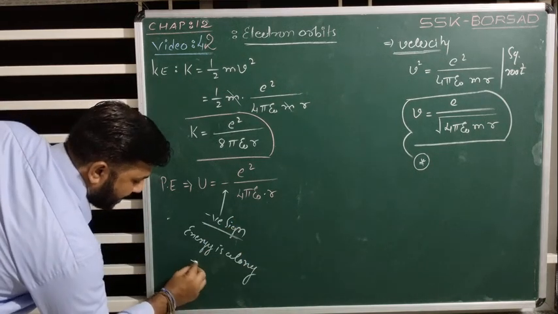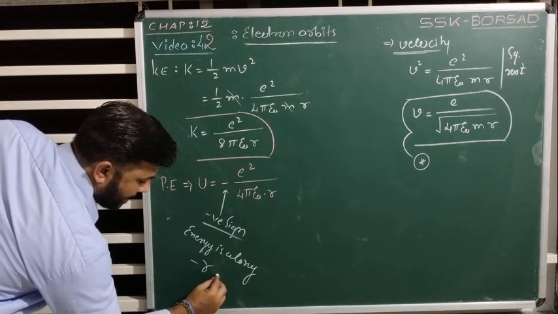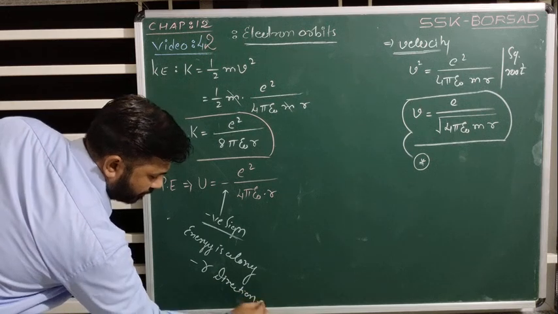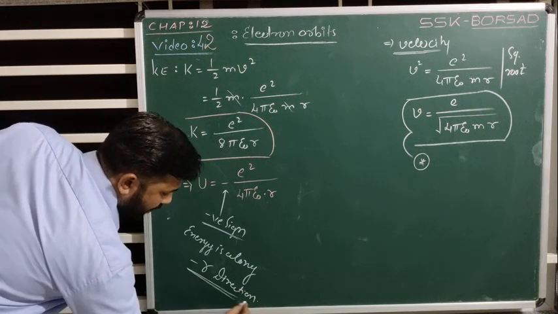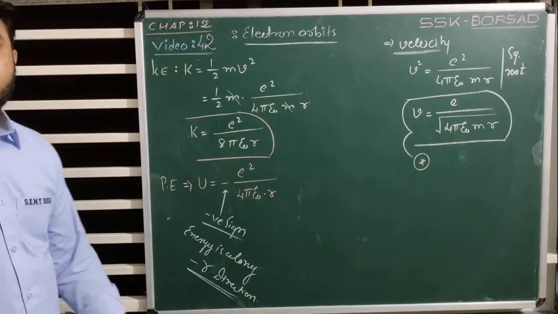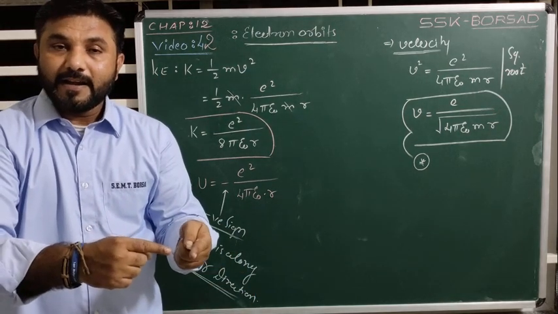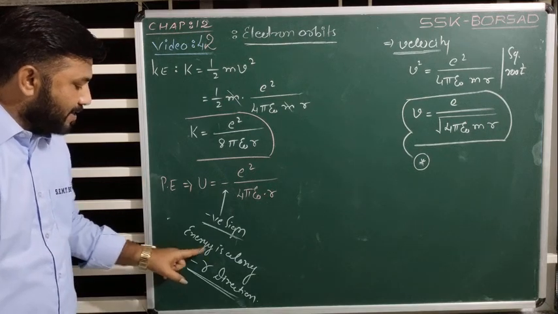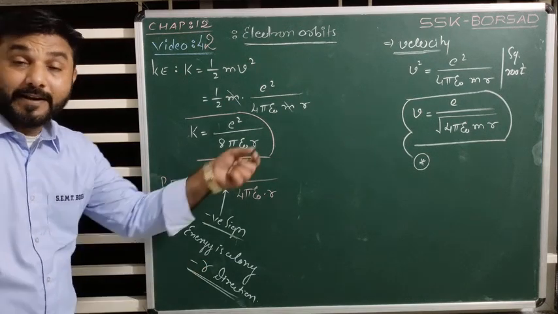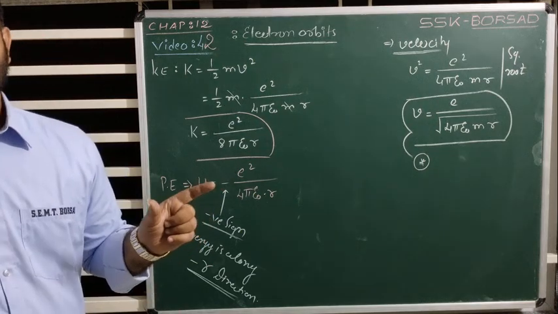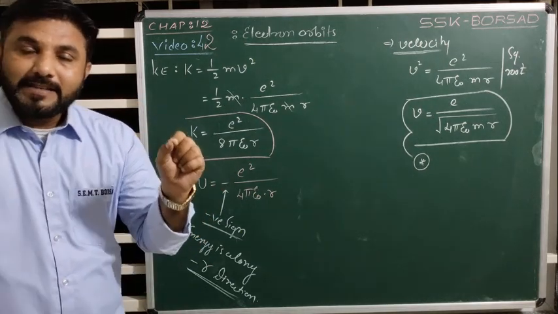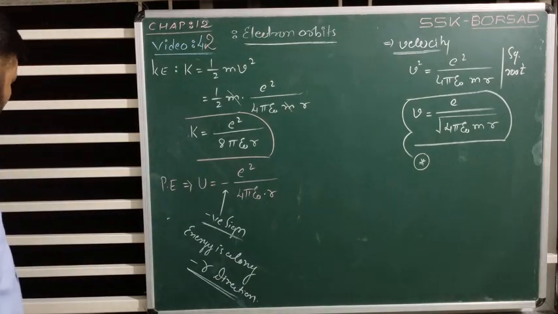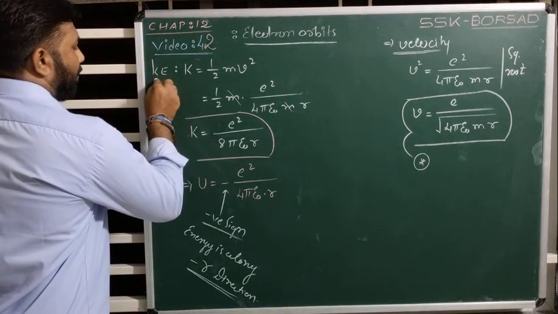R, that is the negative R direction. Clear? So this thing you have to remember, that the potential energy has a negative sign, and that negative sign tells us the energy is along negative, meaning decreasing distance. Potential energy is in the direction of decreasing distance. Is it? Now we know that very well.